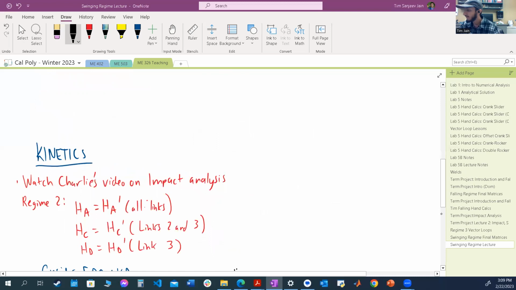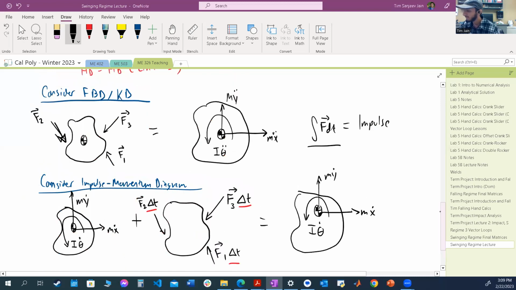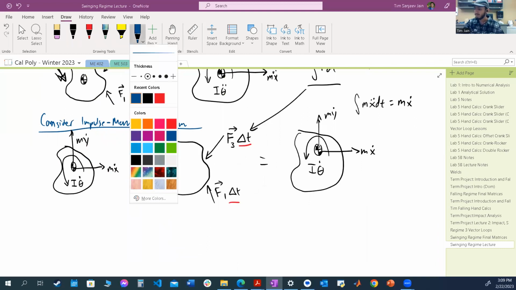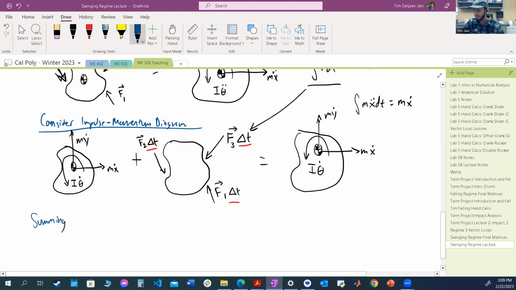And the integral of M x double dot dt, for example, is a time integral, so that's going to be equal to M x dot. With that in mind, we know that summing moments is procedurally identical for both diagrams.